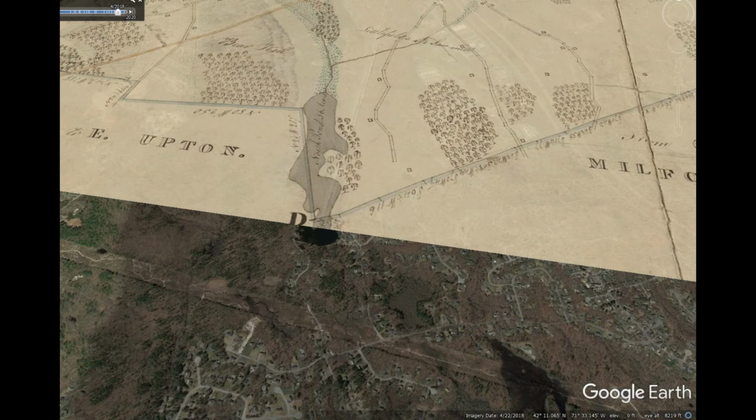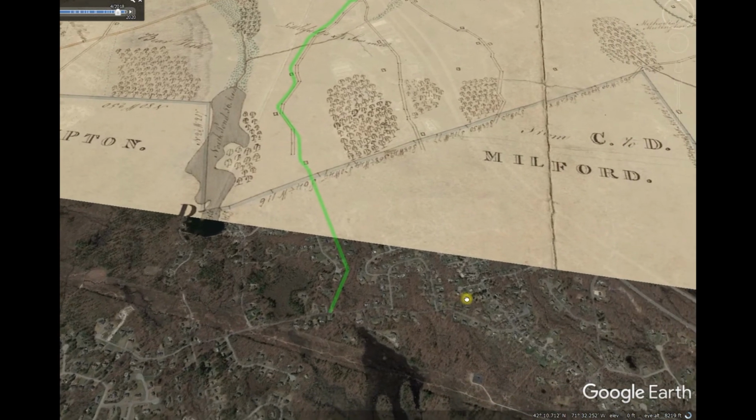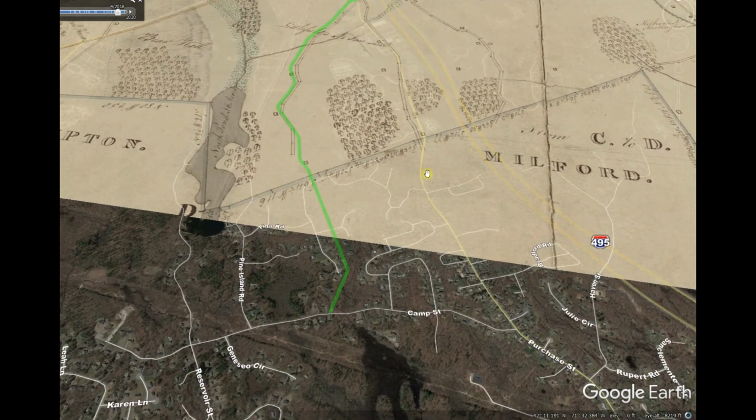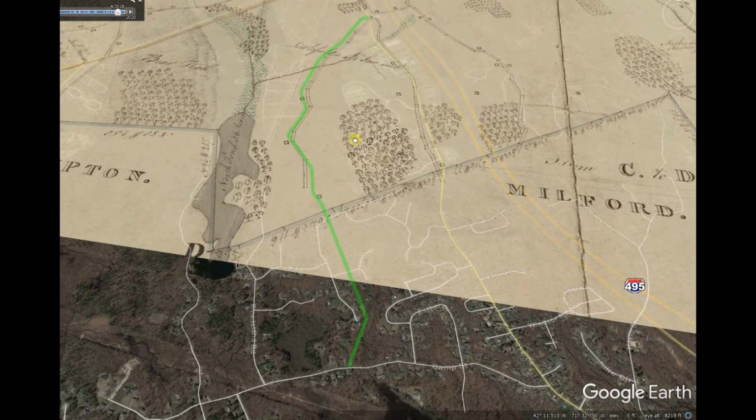And I've drawn out a path of the original Old Town Road as I've followed it on Google Earth, following the walls of the road. And as we can see here, I'm gonna put the roads back in here so we can see where the existing roads are.